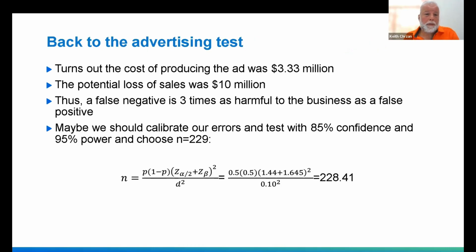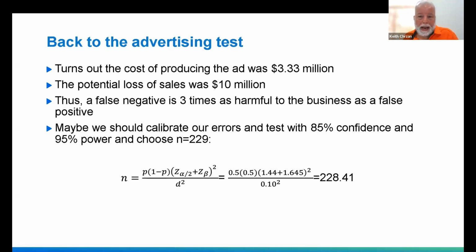Let me give you an example. If we go back to the advertising test, turns out the cost of producing the ad was $3.33 million. We've already said that the potential loss of sales was $10 million. That means that a false negative is 3 times as harmful to the business as a false positive would be. And so my suggestion is, let's maybe calibrate our errors to keep that proportion in mind.